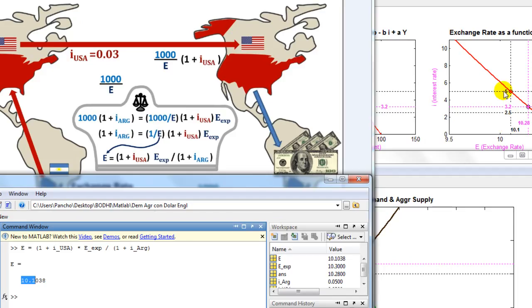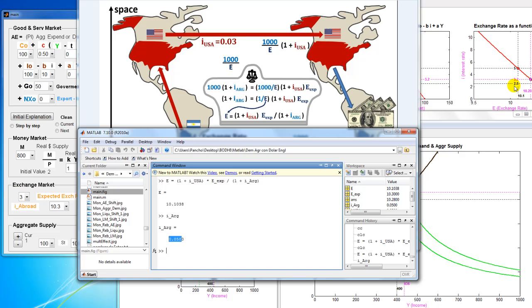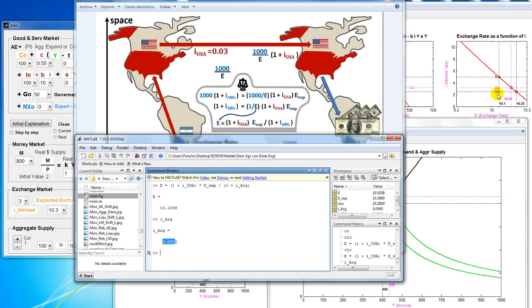Remember that for the value of interest in Argentina, we set it to 5%. So that's why with 5% we get 10.1. Now, if the money supply in Argentina, because of this expansionary monetary policy, went from 600 to 800, then if the prices don't change, the interest rate goes to 2.5.